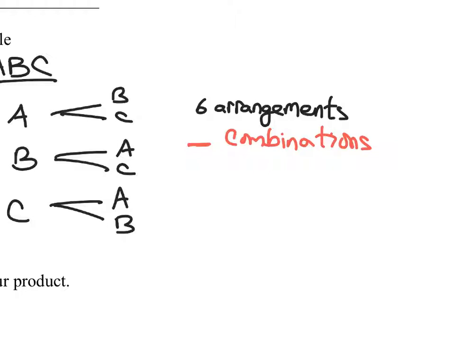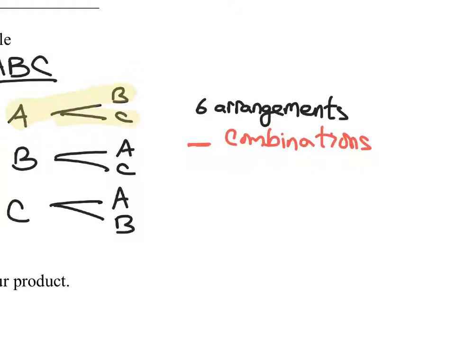All right, so add a little context to it, and it shifts from being either a permutation to a combination, or to whatever it's not originally. So what I would do here is take note of only the unique pairings. Out of this, I would highlight: A and B is unique, A and C is unique.